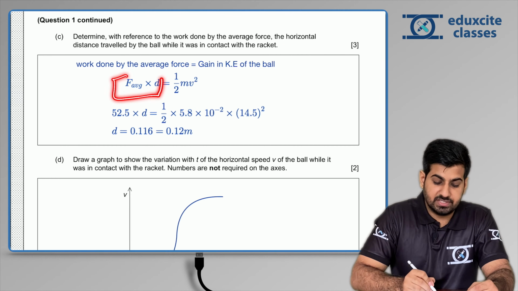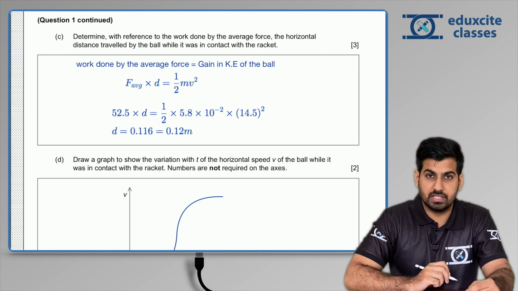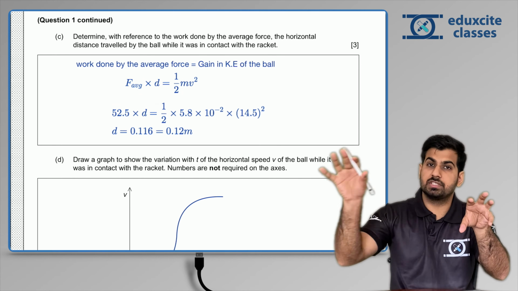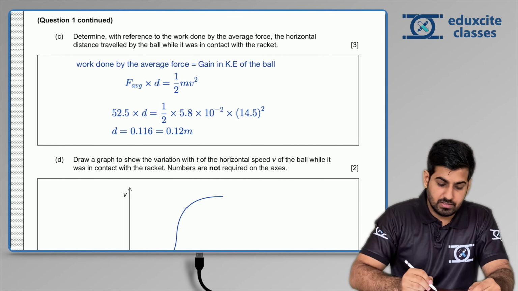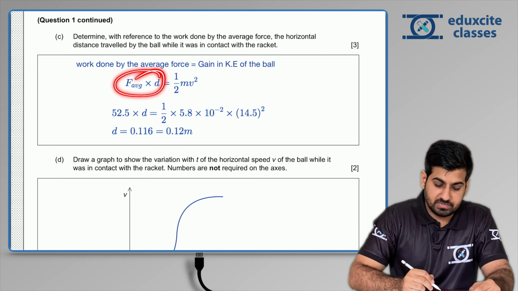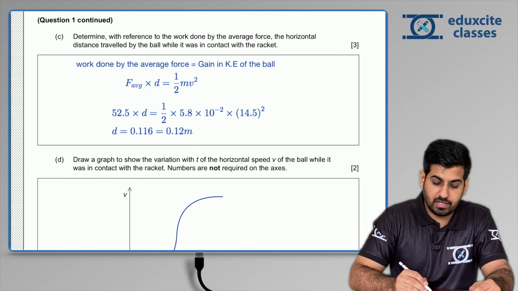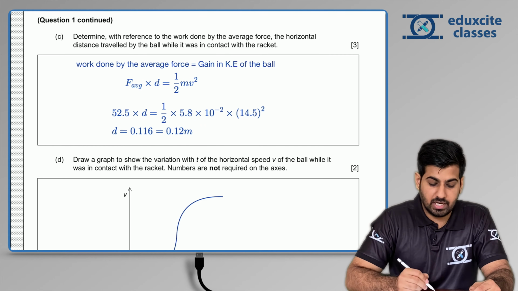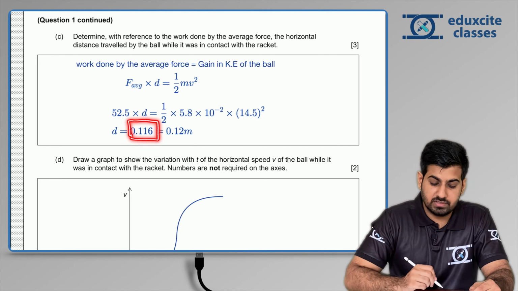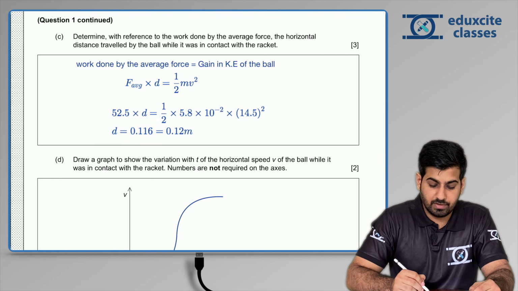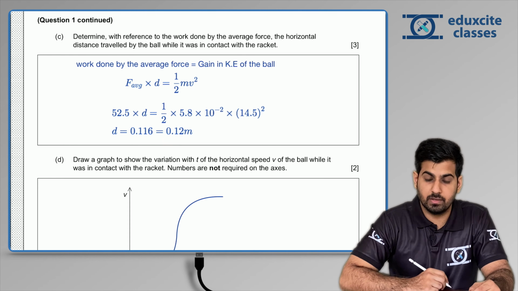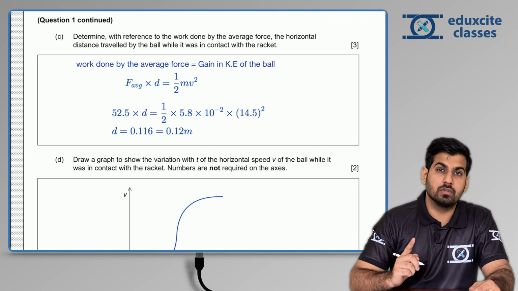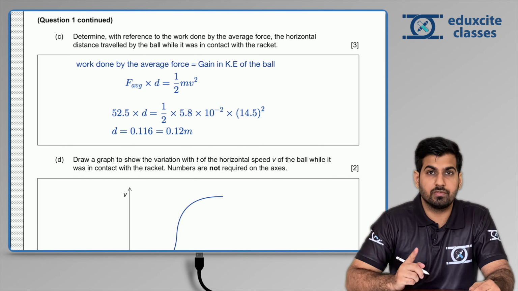So F times d will be equal to half m v squared, that is, the work done is equal to the kinetic energy gained. So F average times d, where d we have to identify, mass we know, velocity we have already calculated, and F average we have already calculated. Putting in the values, you will get d as 0.116 meters, rounding off to 2 significant figures, 0.12 meters. Please round off to a suitable significant figure when answering.